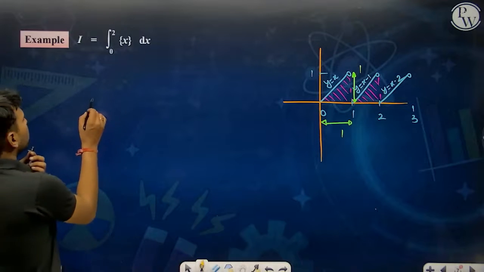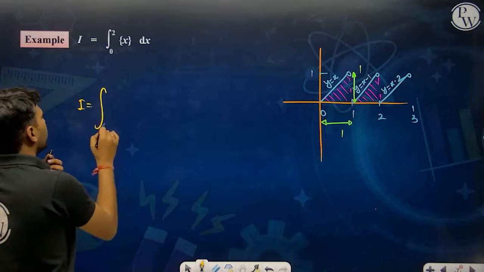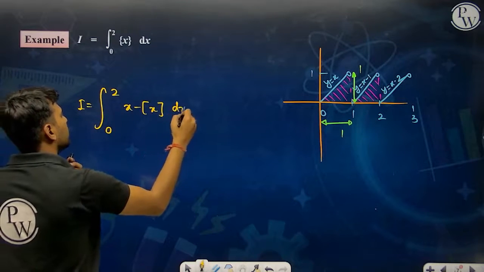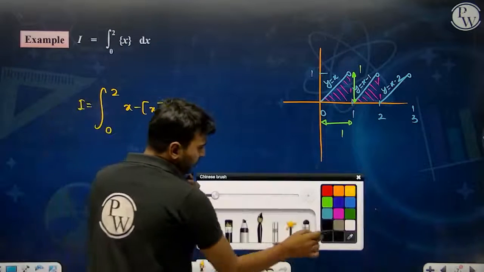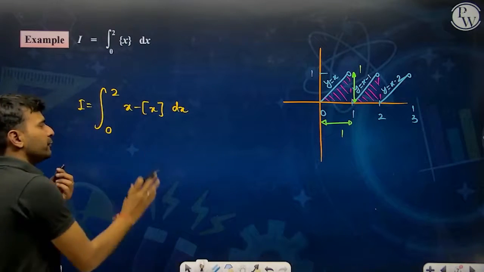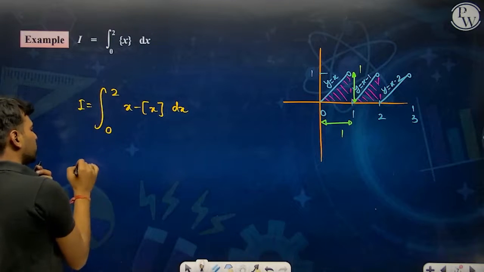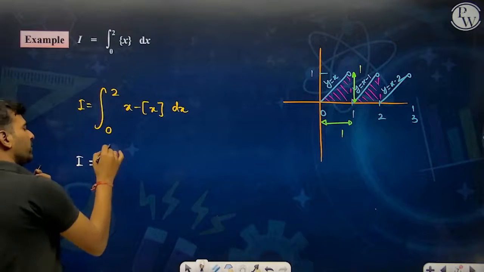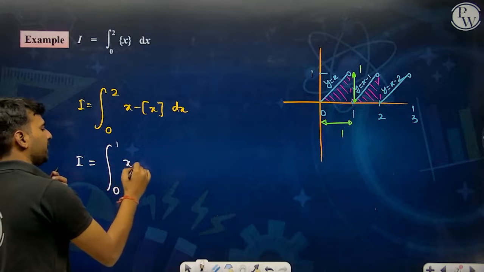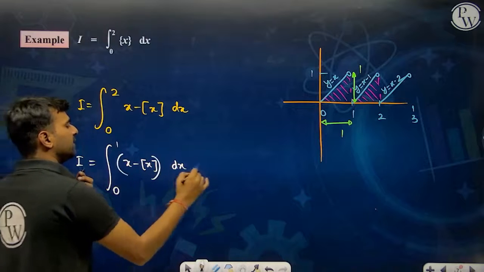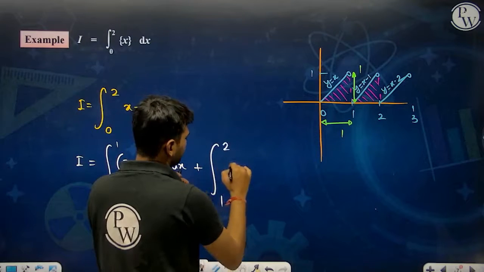But another way is what? We can write fractional part of x as x minus greatest integer of x. The moment you see greatest integer of x, you have to find where it becomes an integer in this interval. It becomes an integer at 1. So we will have to break the question at x equals 1. The moment you break it, one part is going to be like this and another like this.